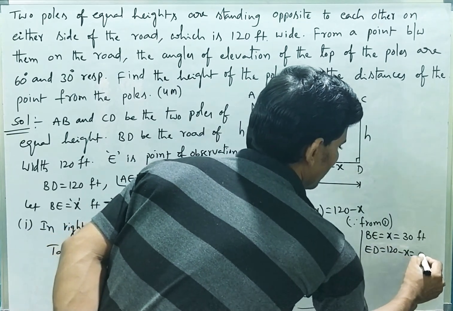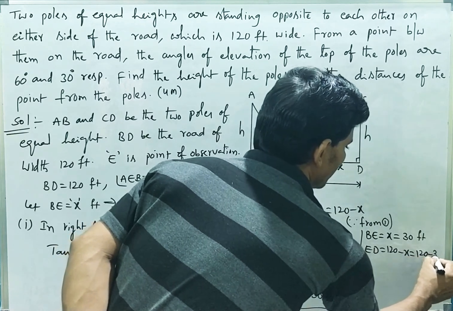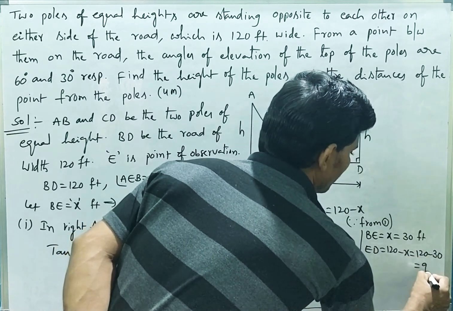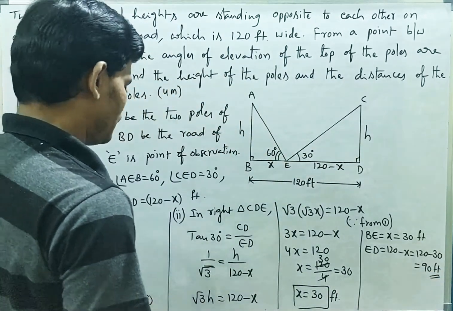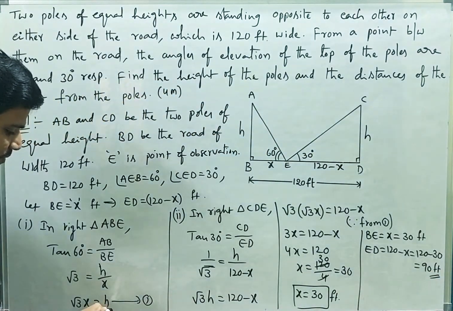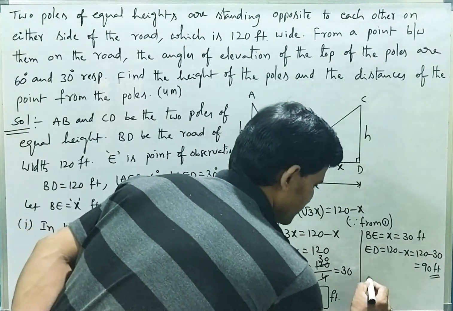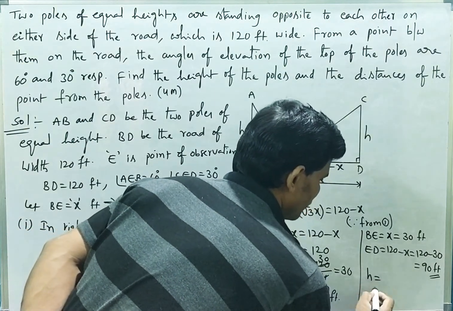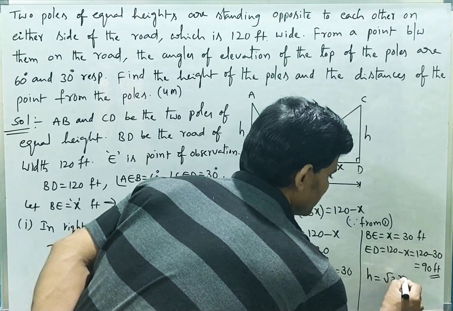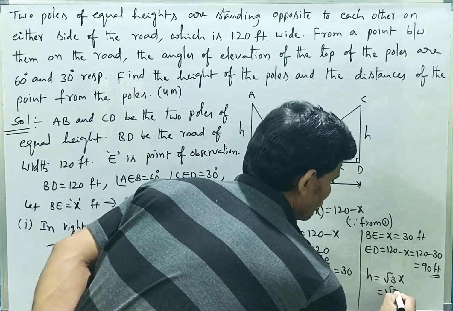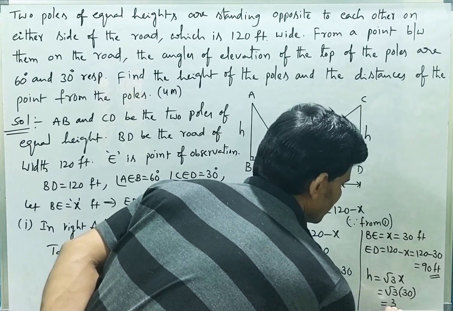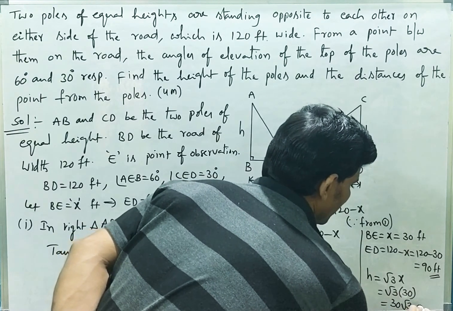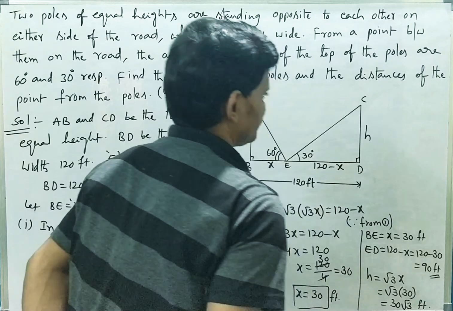It becomes 120 minus 30, that is equal to 90 feet. Now you have to find the height of the pole. h is equal to root 3 times x, that is root 3 times 30. So h is equal to 30 root 3 feet.